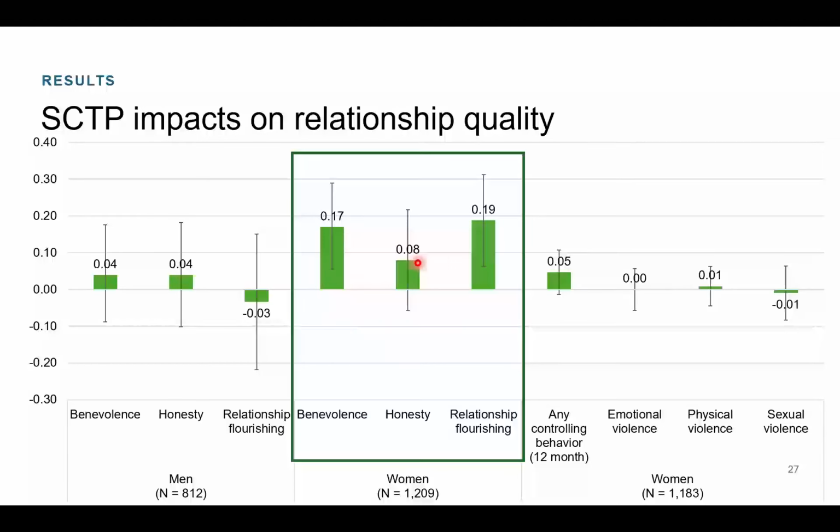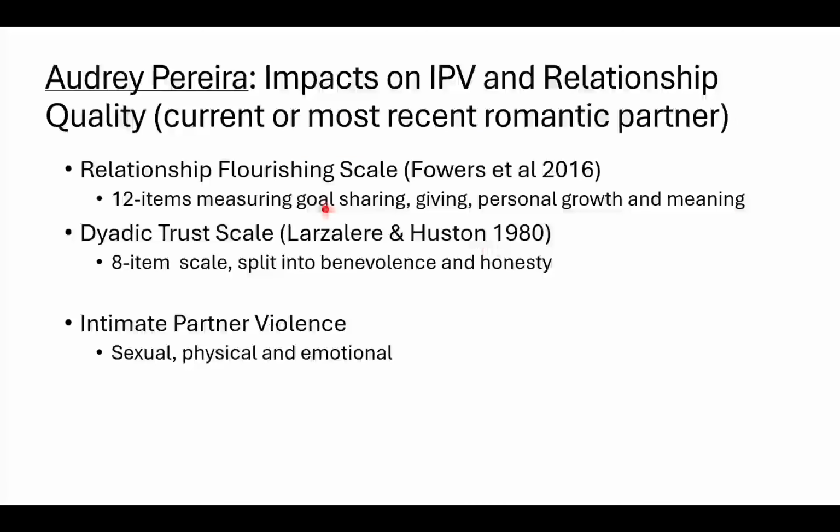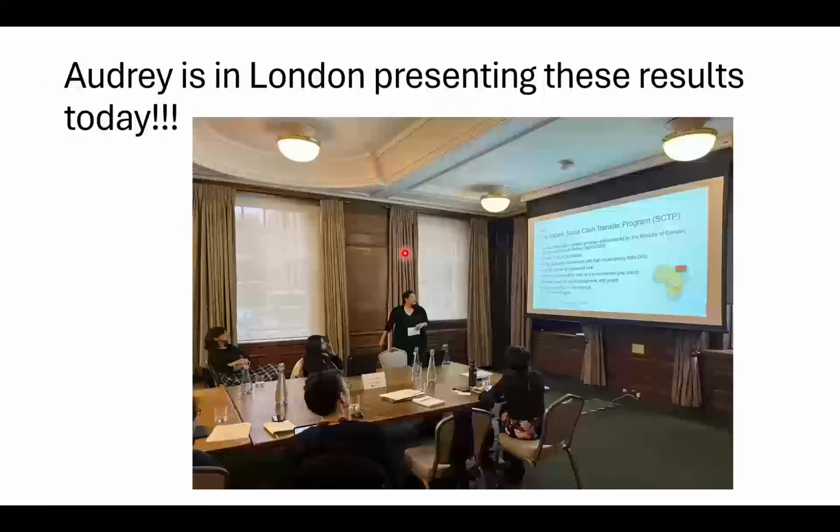In particular, you can see that in these dimensions of benevolence, which is part of this relationship trust component, and then on this relationship flourishing scale. This is a 12-item flourishing scale, and the trust scale is split into benevolence and honesty.